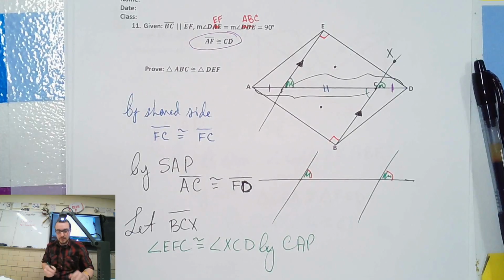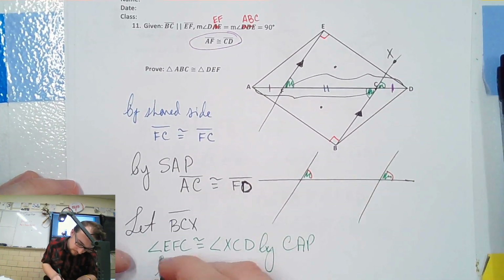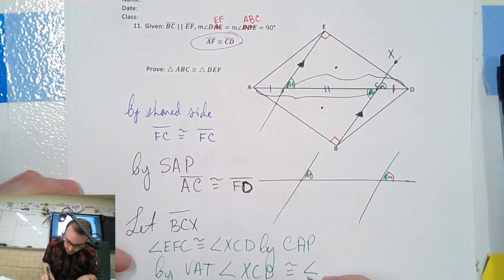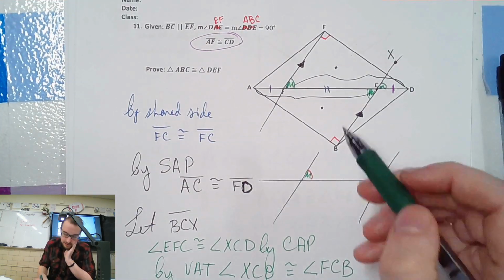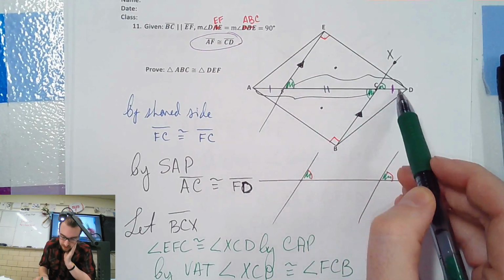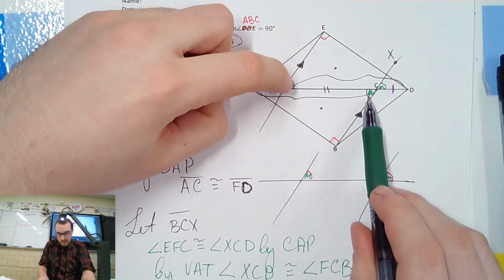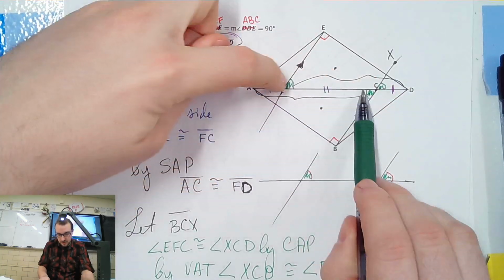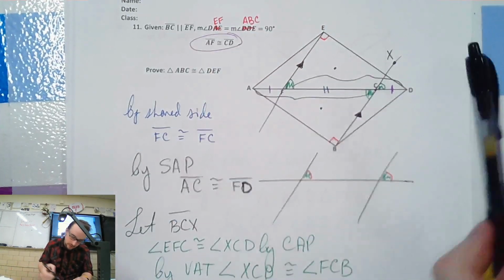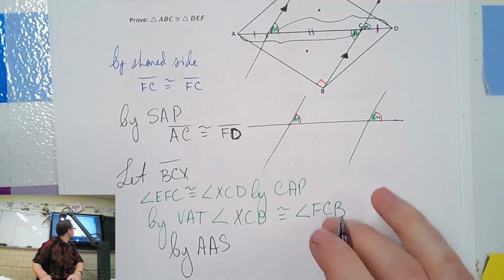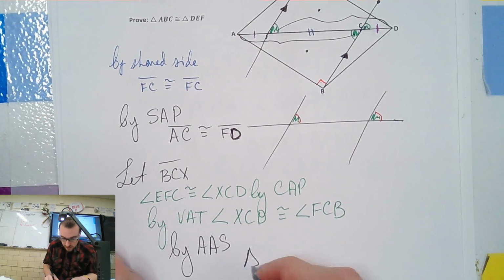Cool. And then by vertical, I can get this guy. And now I've got angle, angle, side for both of them. By angle, angle, side, I've got triangle ABC.